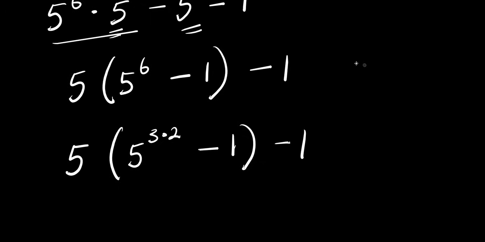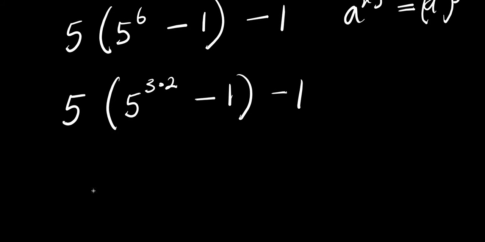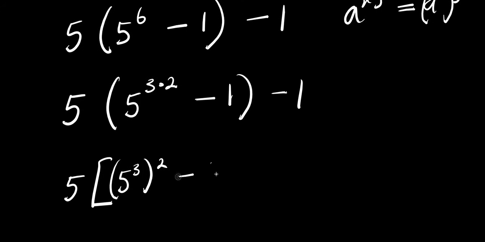Now, if you have a power x times y equals a power x or y. So that means this is 5 times 5 power 3 to the power of 2 minus 1 power 2, and this is minus 1.